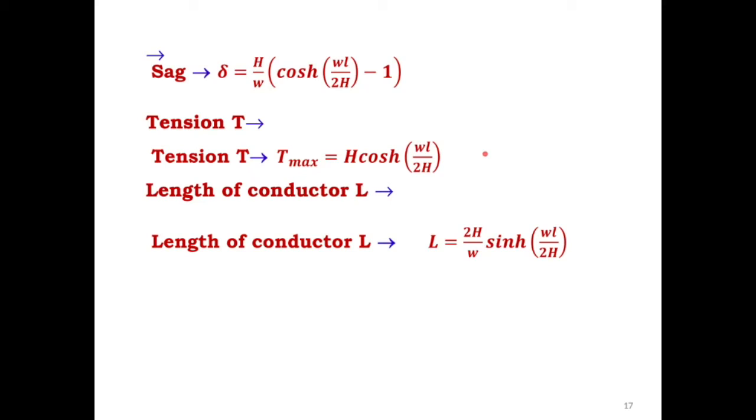We must remember that when you use such variables, the same letter in uppercase and lowercase, we always need to tell the reader what each means: small l is the span, capital L is the actual length of the conductor, and they are not the same. So these are the equations that we derive and use for sag calculation.